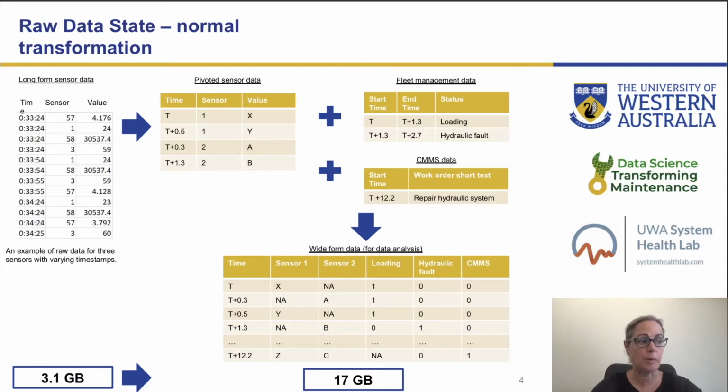The desired or complementary structure is shown on the bottom right, and this is known as wide-form data, where each variable or sensor is separated into unique columns with a timestamp identifying each row. Wide-form data is required to aggregate or manipulate the variables. The process of converting long-form to wide-form data is known as pivoting.